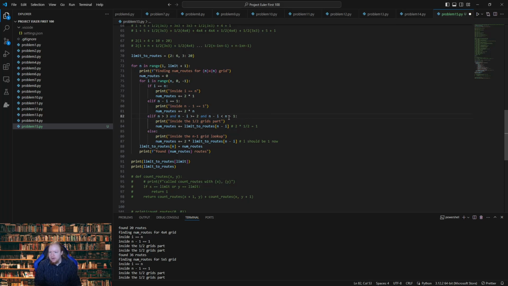I think we want just less than instead of less than or equal. Checking it again. Okay, we got to 56 that time. And we're going through things in the correct order.